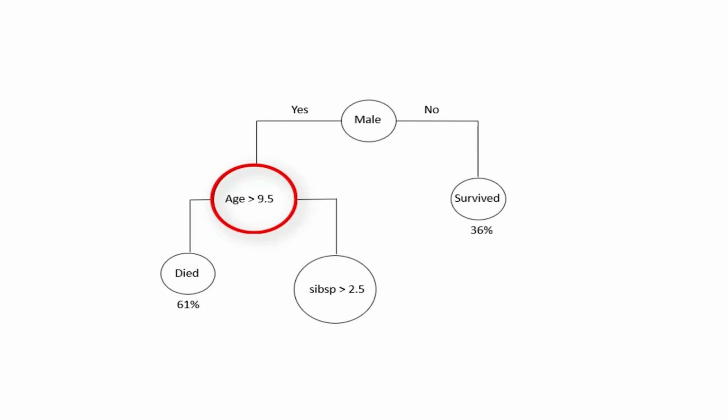Specifically, is the passenger older than 9.5 years of age? That answer led to the split based on another attribute in the dataset, SibSp. The attribute SibSp simply means, did a passenger have siblings aboard at the time of the sinking? With each successive division, the members of the resulting sets become more and more like each other.